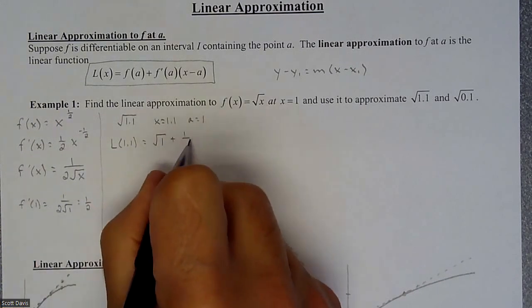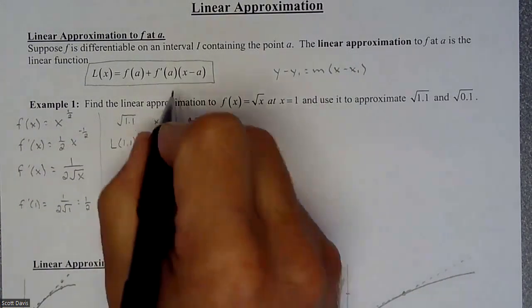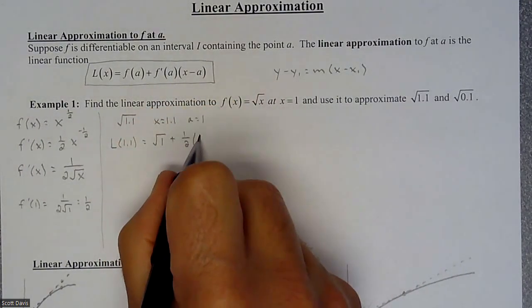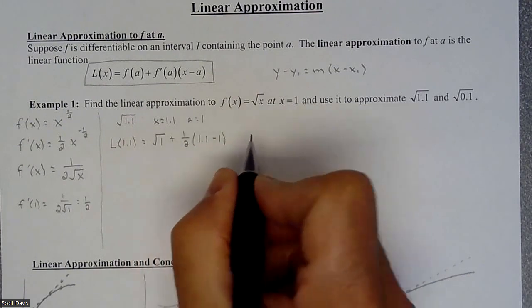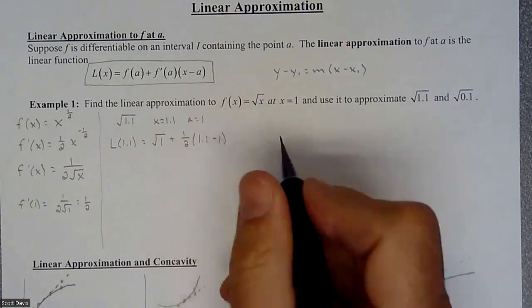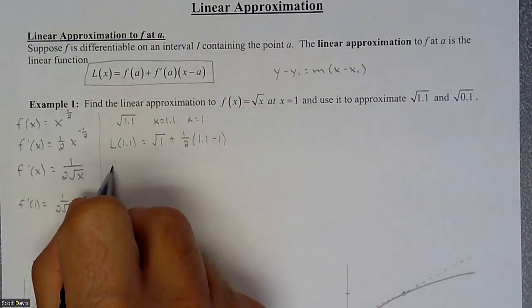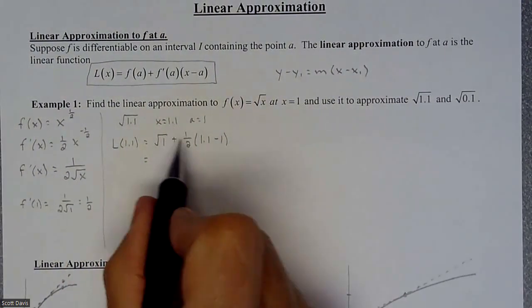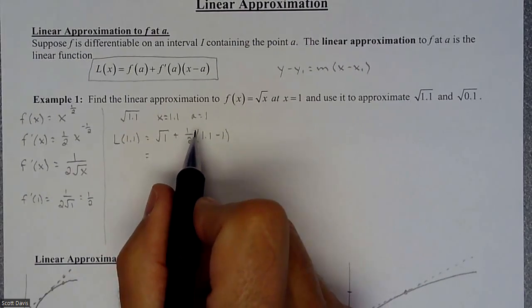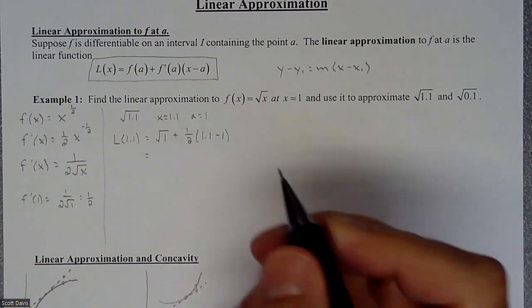So then that is 1/2 times the value that we're looking for minus our nice value. We're going to get a pretty close, reasonable value to what the actual square root of 1.1 is from this. And we'll talk about whether we're over or under.